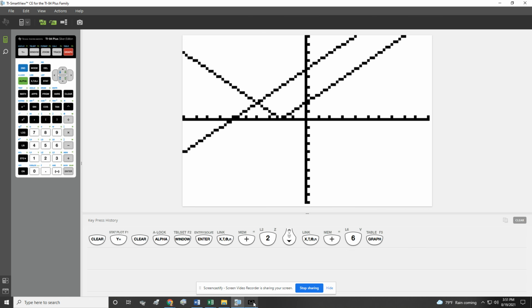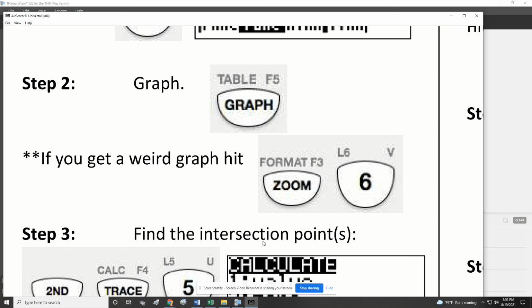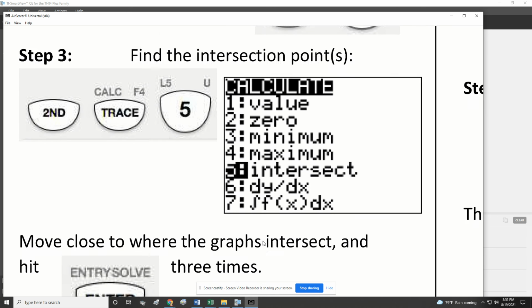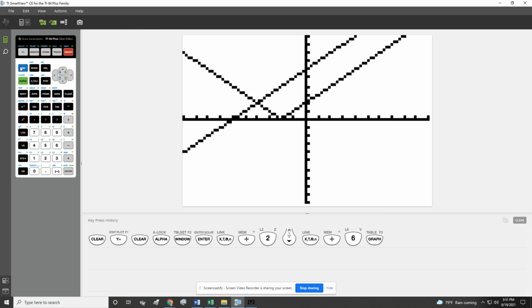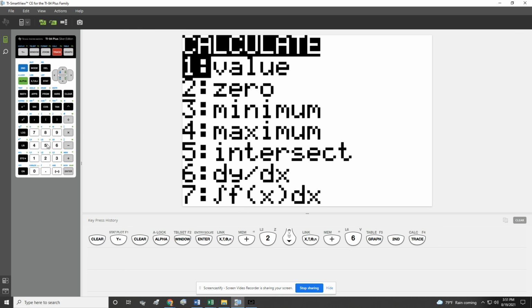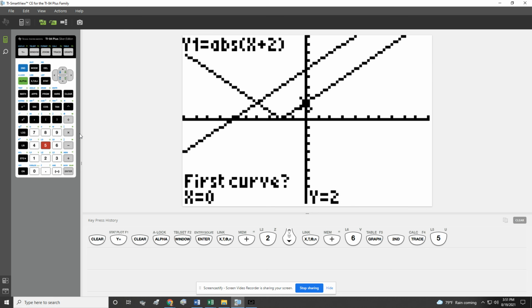So now we're ready to find that intersection point, and you can look at your own paper, or the TV if you need to. But to find that intersection point, remember it's second trace 5. Second trace 5. All right.